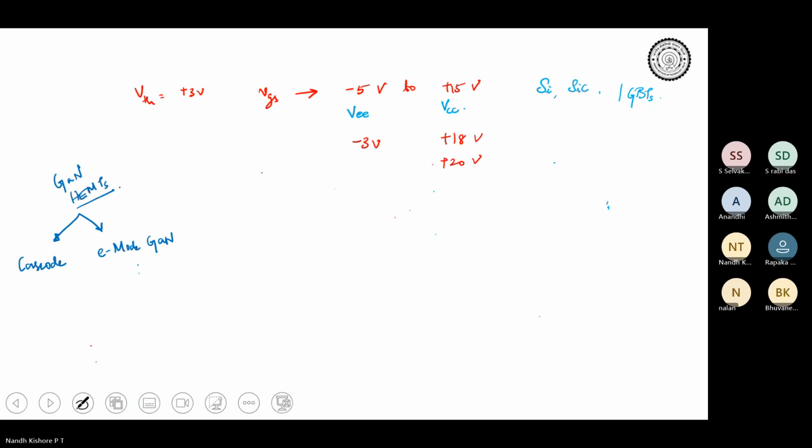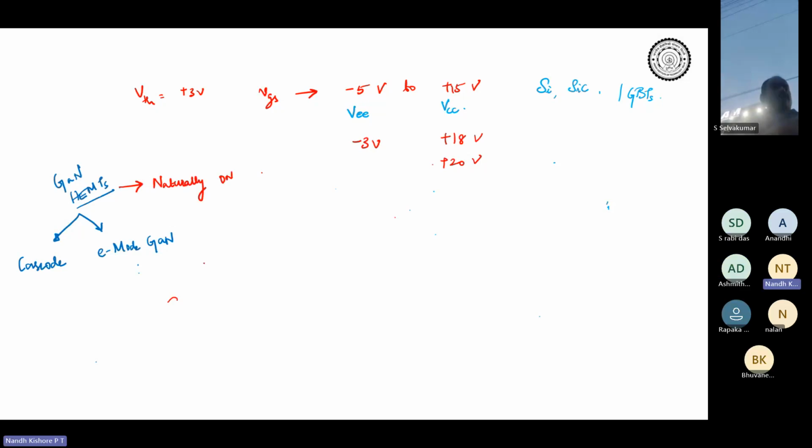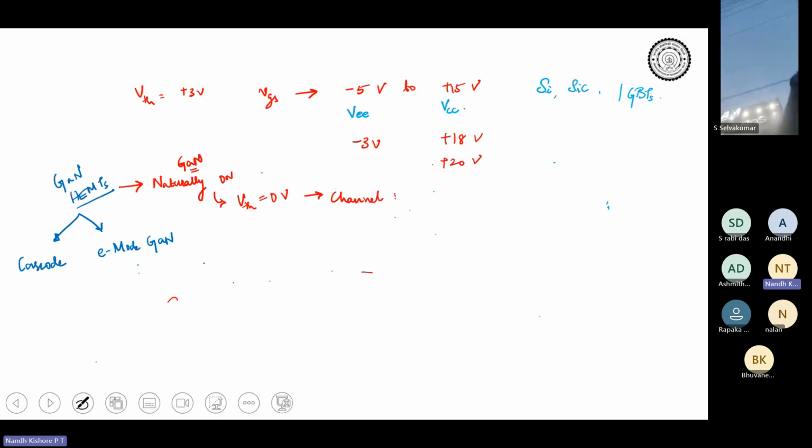So I'm just going into a bit of device physics. I know I'm deviating a little from the problem, but it's good for you to know. GaN as a material is naturally on, which means that at V threshold equal to 0 volts, the channel is ready to conduct.